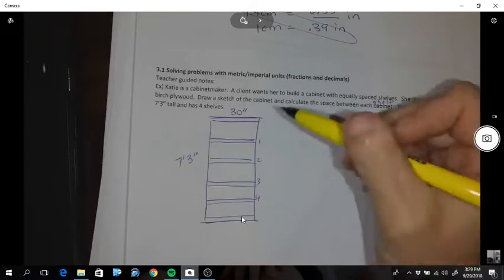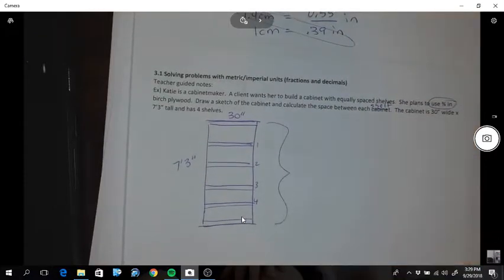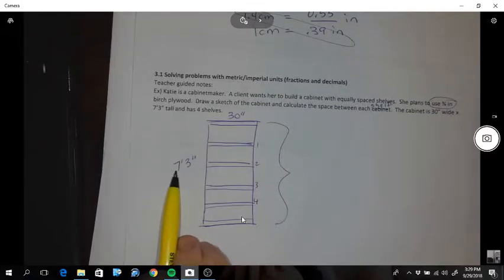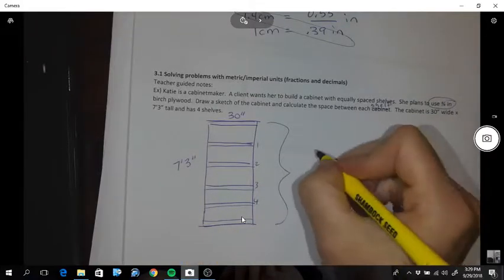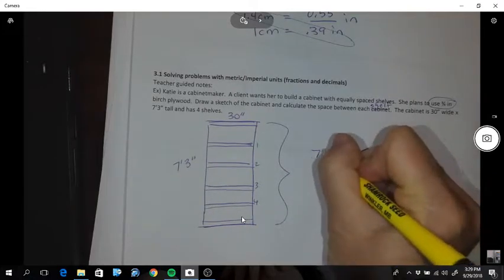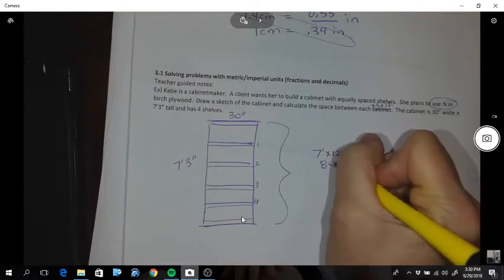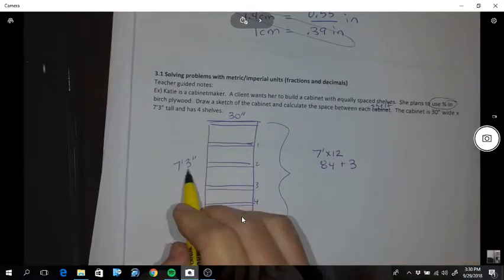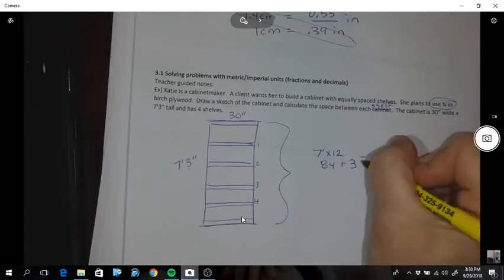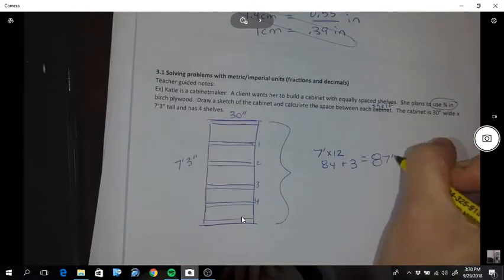Okay, what is this total height? 7 feet and 3 inches does not help me too much, so I'm going to convert this all to inches. So 7 feet, remember feet to inches is times by 12, so that's 84, but I still have 3 more inches after, so it has a total height of 87 inches.